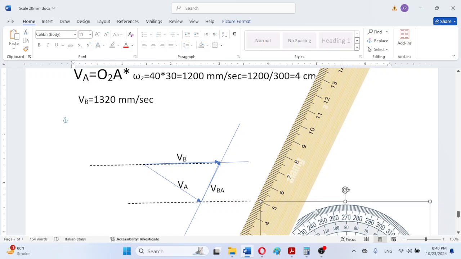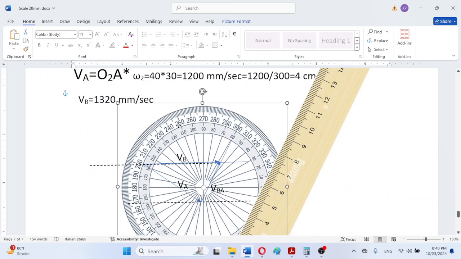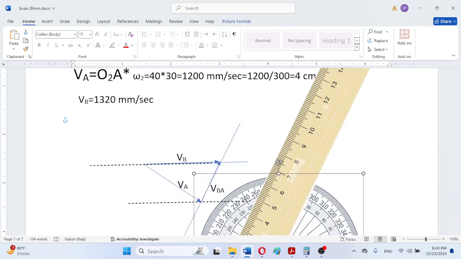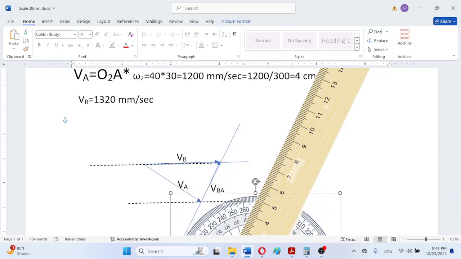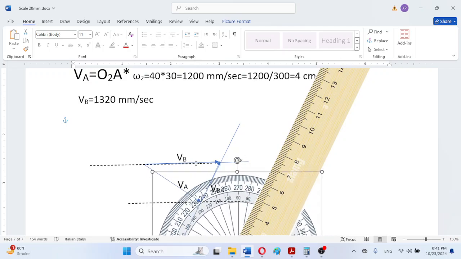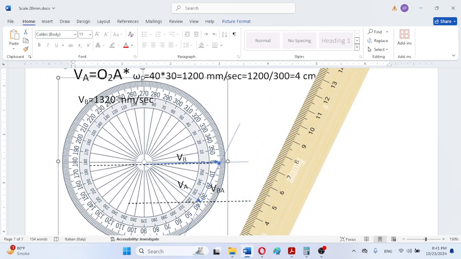Now the angles of the velocities are quite clear, as they are already known, and the internal angles of these triangles can now be graphically verified.